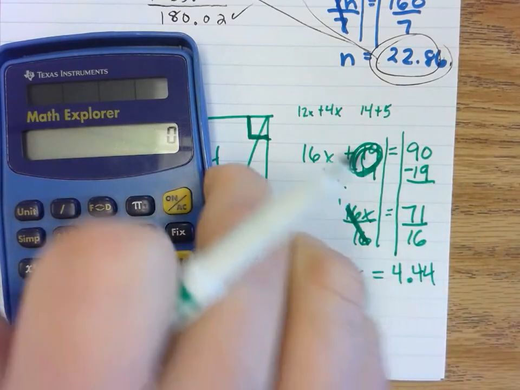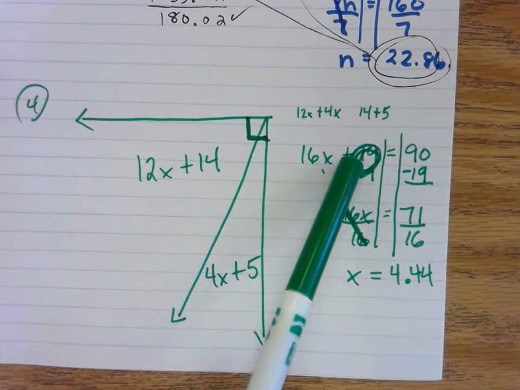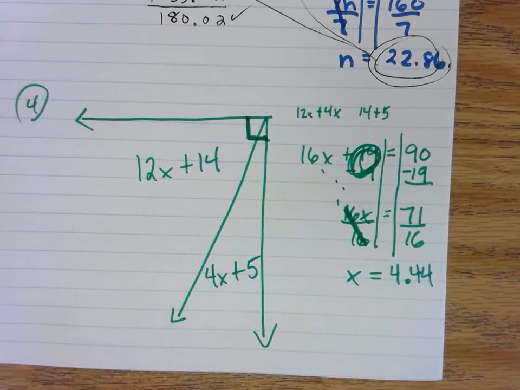All right, so I got my x now. I set up my equation and solved it to the nearest hundredths place, 4 and 44 hundredths.